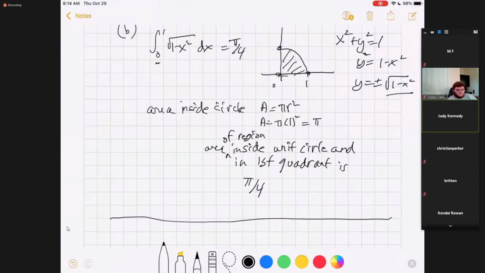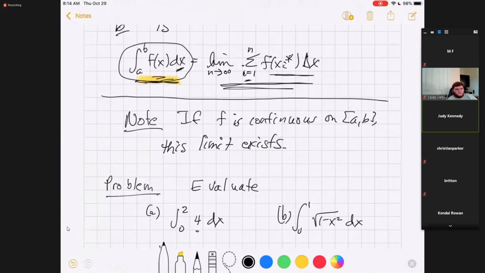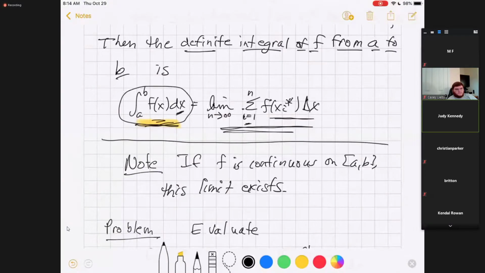Now, we'd like to be able to do a lot more problems than this, but at this point we can at least do that. From the definition, the definite integral from a to b of f of x dx is a limit of Riemann sums. These are all Riemann sums, for each n.